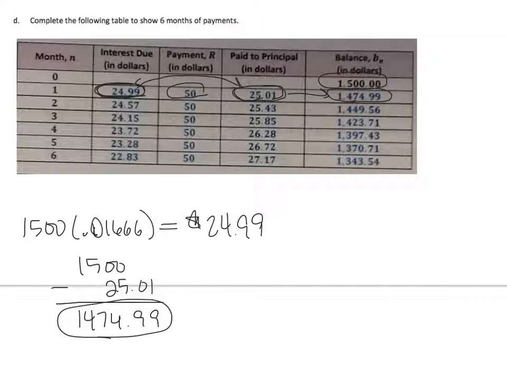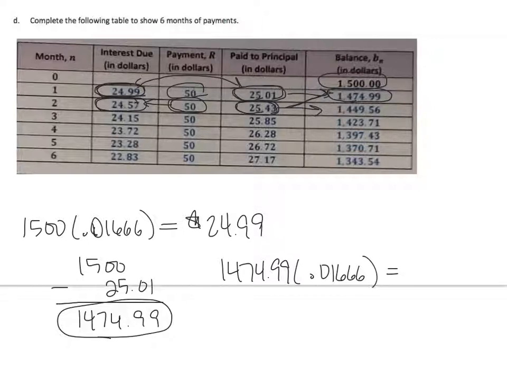Now I take that value, 1474.99, multiply it by my interest rate, and I get how much interest is due. This is how much I'm paying. So 50 minus 24.57 means that this much is going towards the principal, and I need to subtract that.